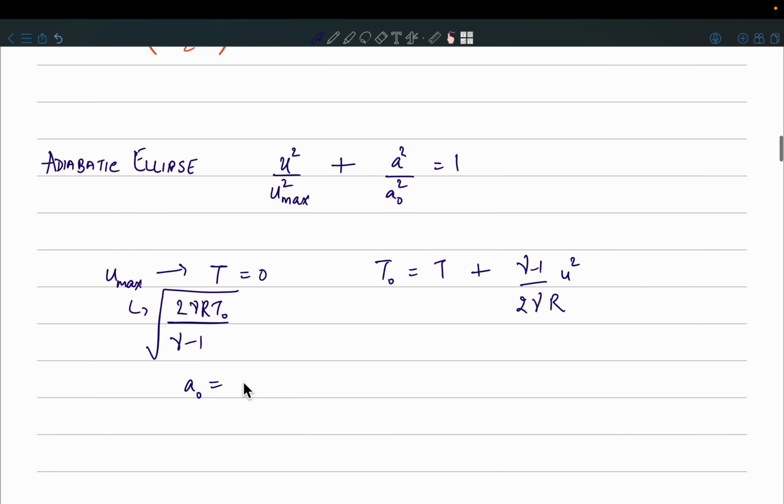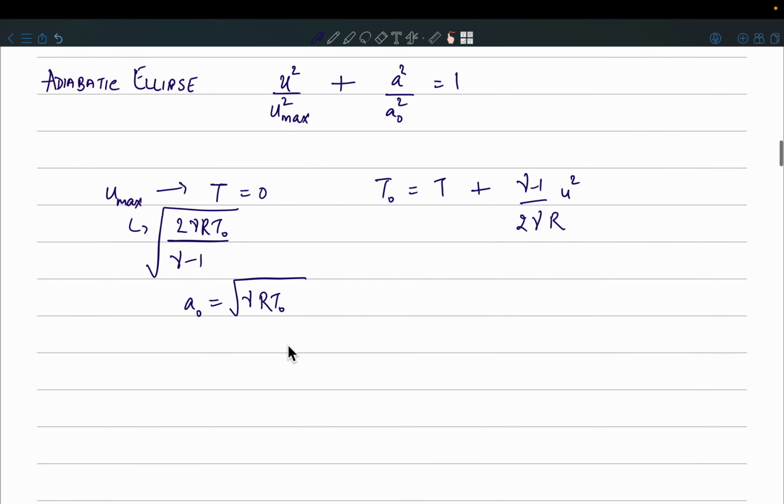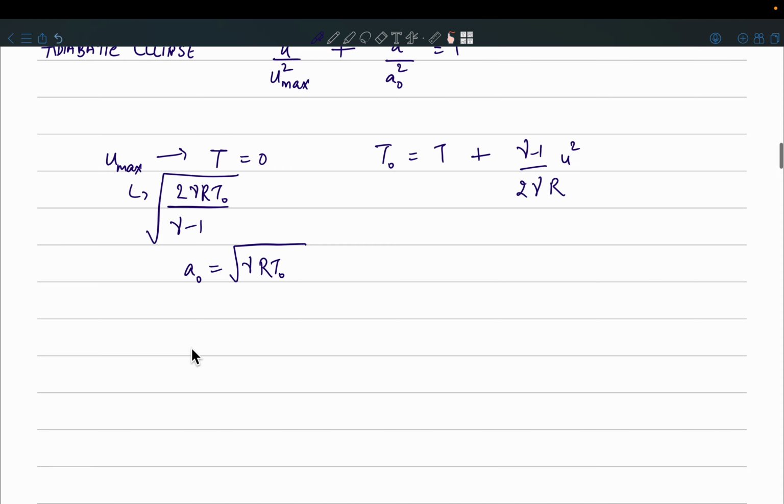It is the speed of sound defined at the stagnation temperature. So it's nothing but gamma r T naught under root. Okay. You must have also seen something called the characteristic speed of sound. What is the characteristic speed of sound?